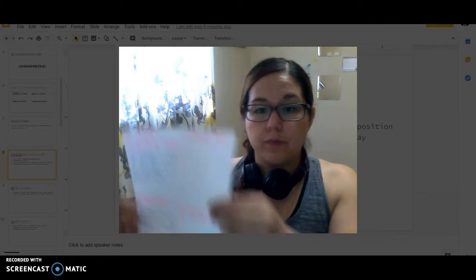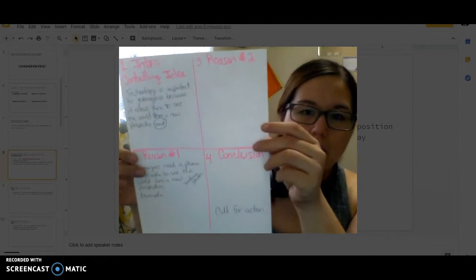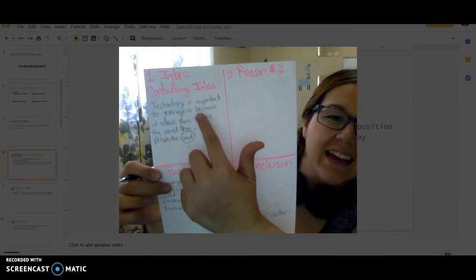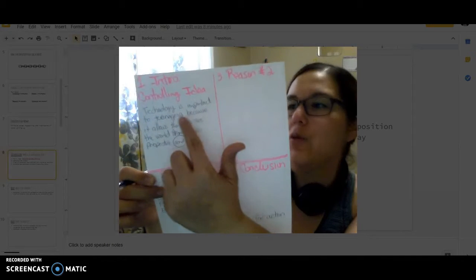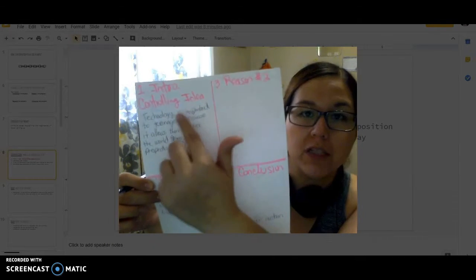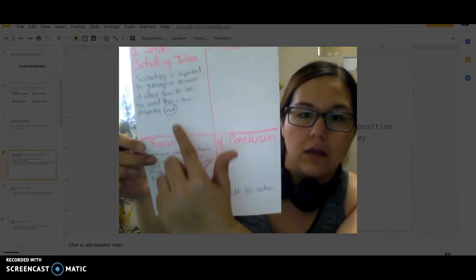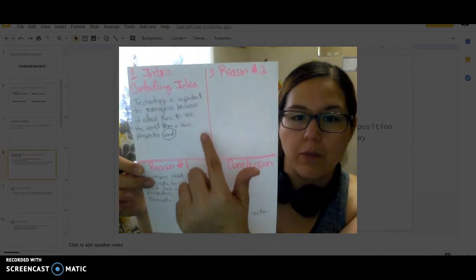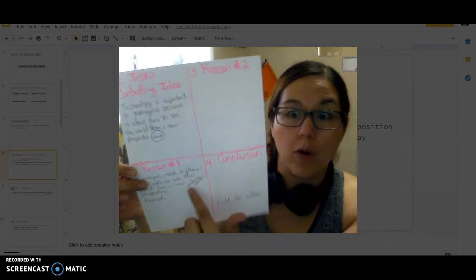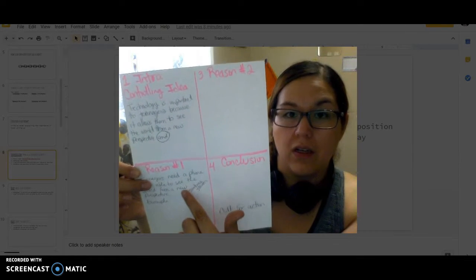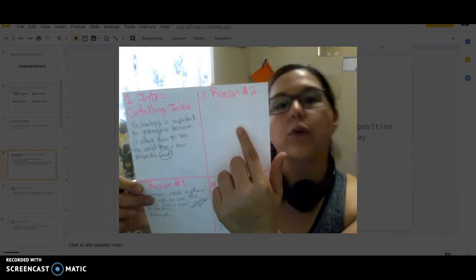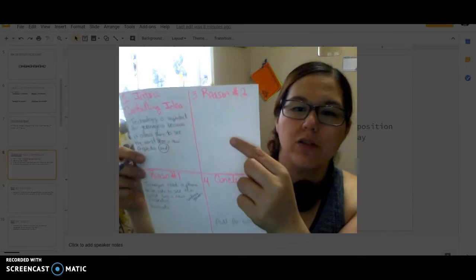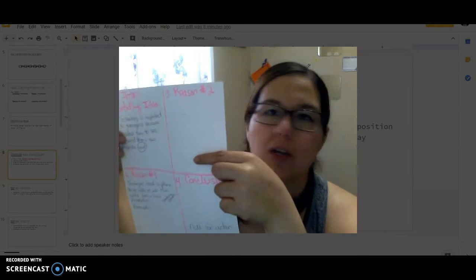So, 4 square. Again, I always go the other way. 4 square. 1. Introduction. With a controlling idea, you have to tell them the 2 reasons of what you're going to be talking about. Reason 1, you state your reason number 1 and then give an example, connecting it to your own life. Reason 2, the reason that you wrote in the introduction. And then again, you do another example. It can also be of movies.